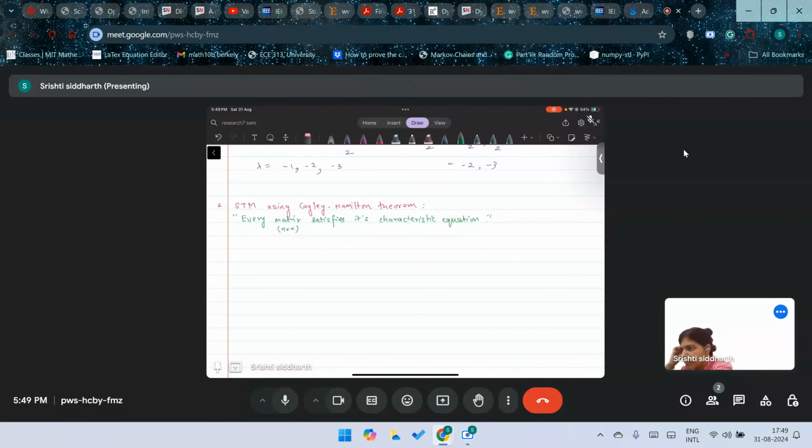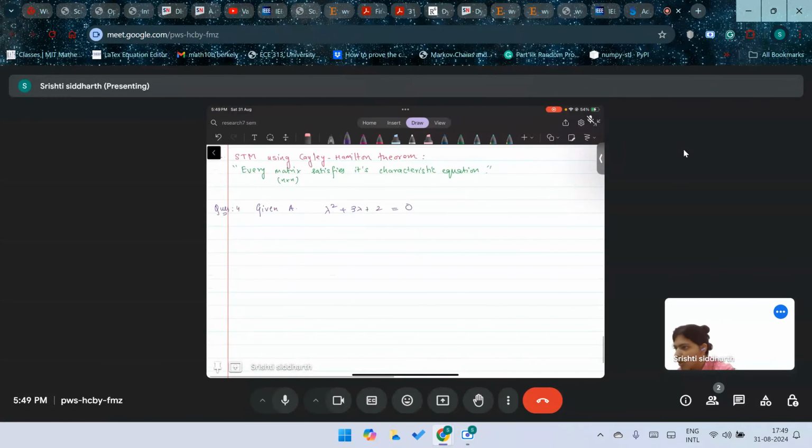Alright, so let's see. Let's consider that there was a matrix A and the characteristic equation for that was lambda squared plus 3 lambda plus 2 equals 0. So we have seen this characteristic equation before.